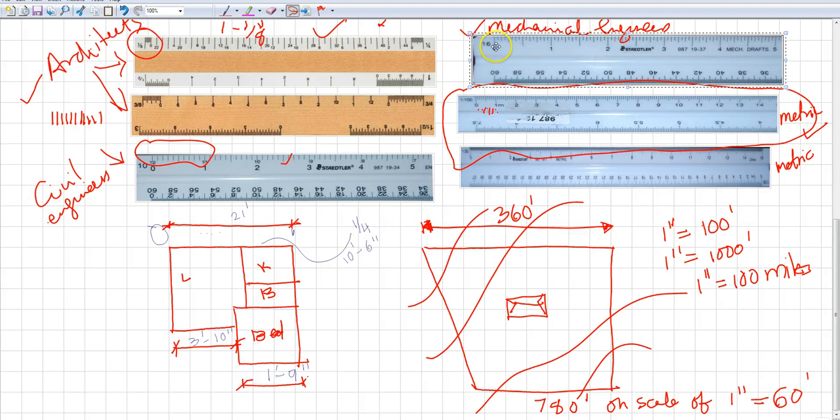So if you look real close, start from 0, 1, 2, 3, 4, 5, 6, 7, 8, 9, 10, 11, 12, 13, 14, 15, and 16, right?